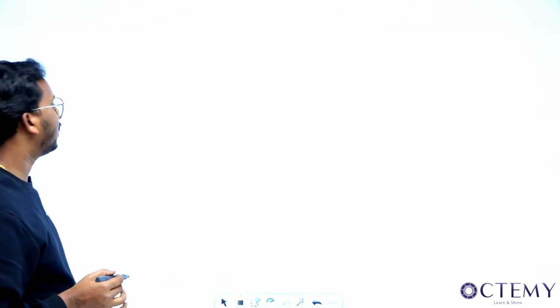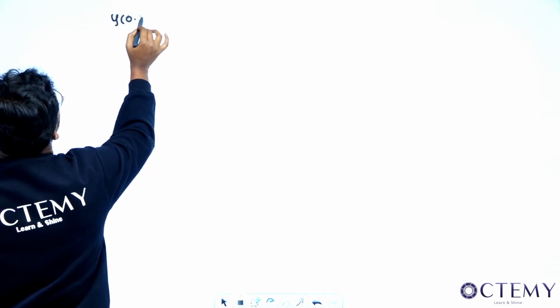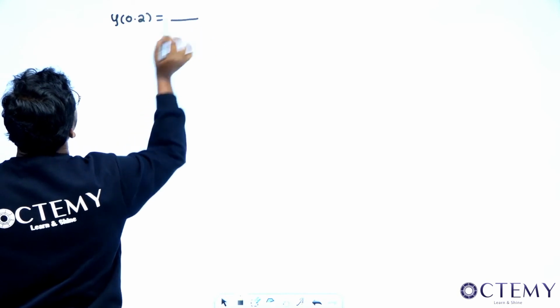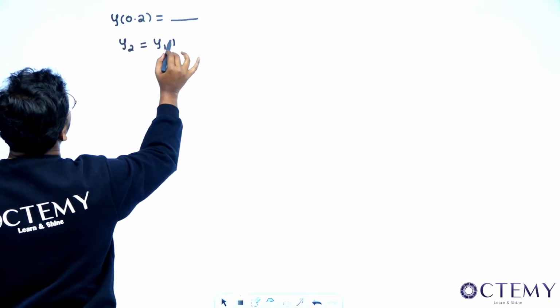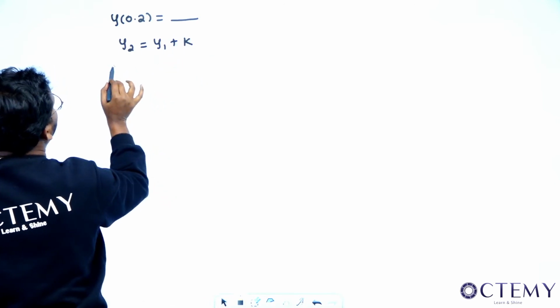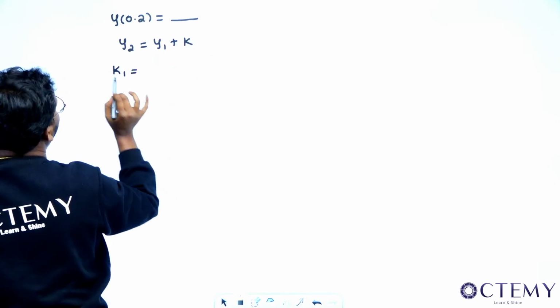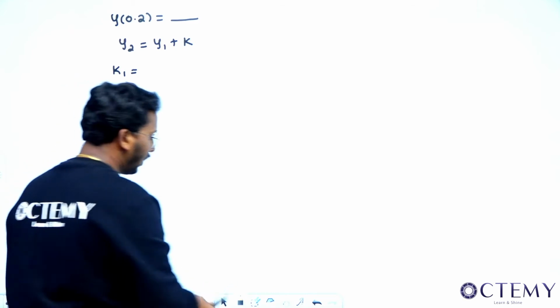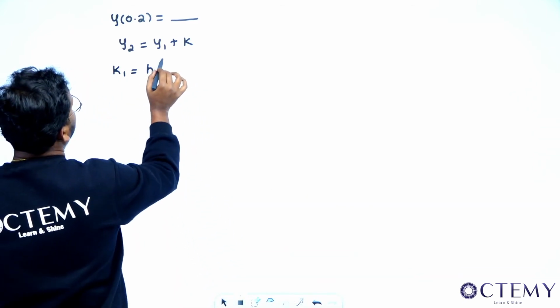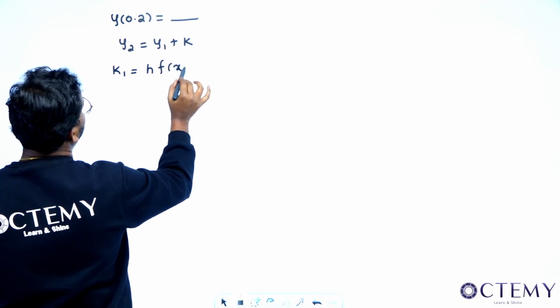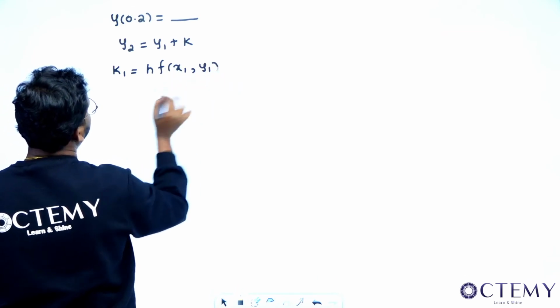Similarly, if you want to find y2, with the same method, y2 will be equal to y1 plus k. So we know what is k. Let us find k1 first. K1 will be, get used to the formula, sir: h times f of x1, y1.